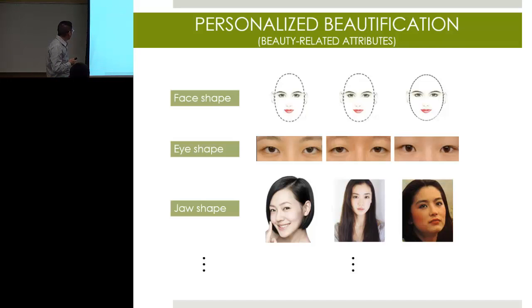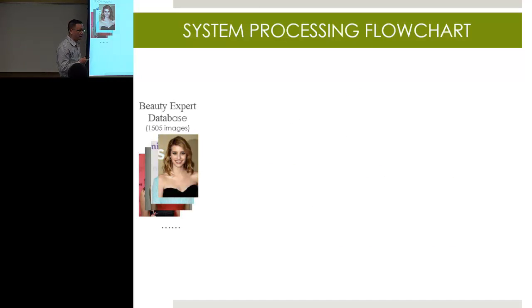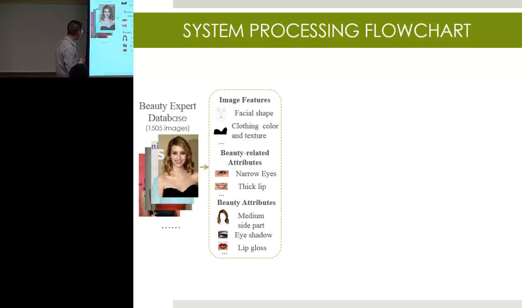Based on these studies, we propose this flow chart to achieve our goal. Because it is quite difficult to collect useful data, we finally collected about 1,500 beauty photos, and then we designed the features, the beauty-related attributes, and the beauty attributes.